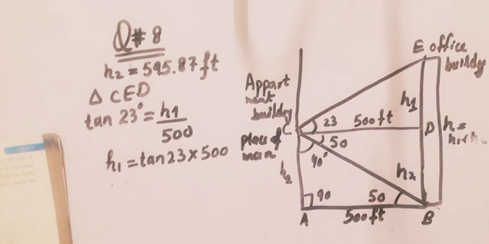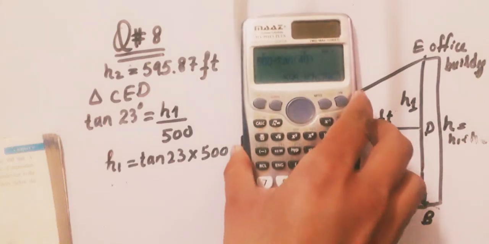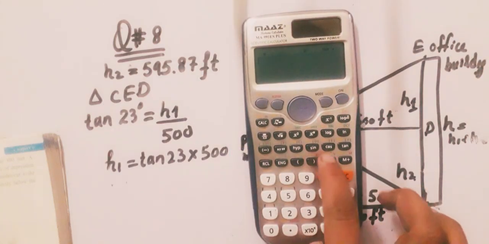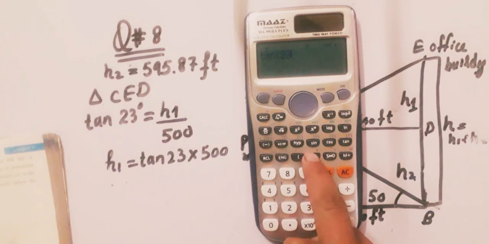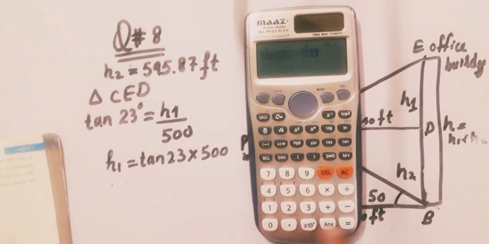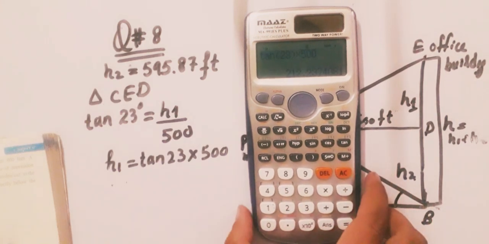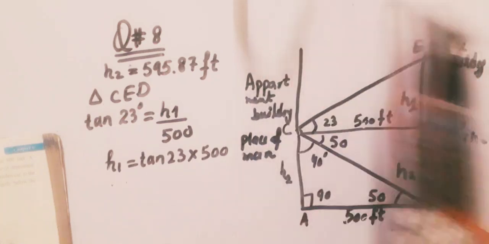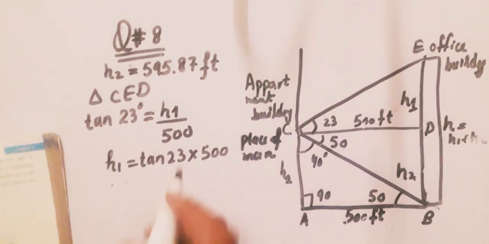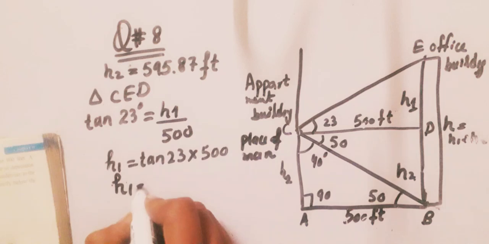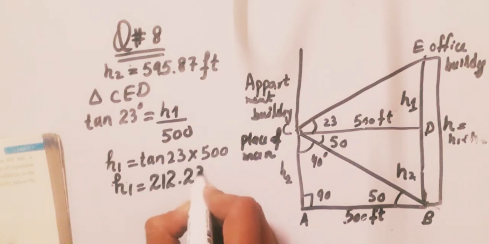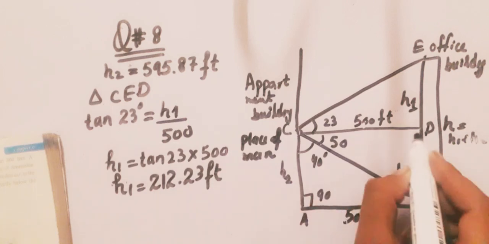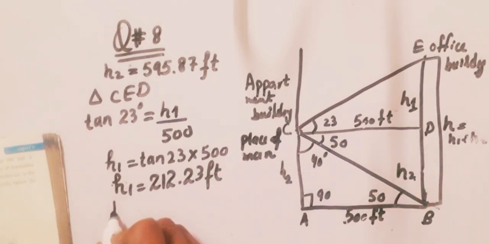With the help of a calculator you will find tan 23 multiplied by 500, which is equal to 212.23. So h1 is equal to 212.23 feet. Now you have to calculate the h. h is equal to h1 plus h2.